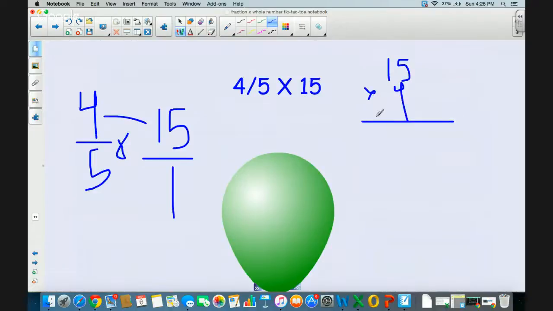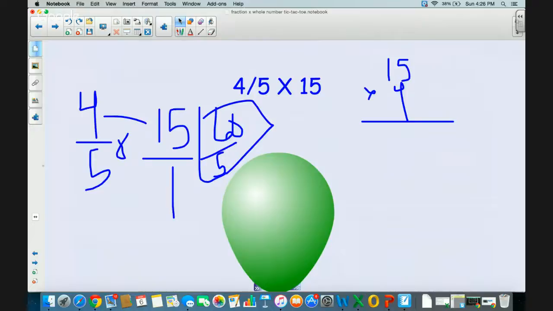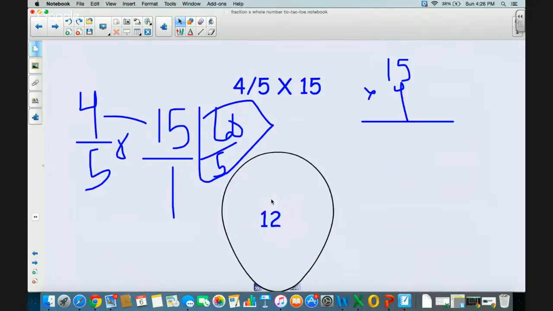You should have gotten 60 over 5, which is improper. Improper means you need to change it into a mixed, and in this case, it just ended up being 12.